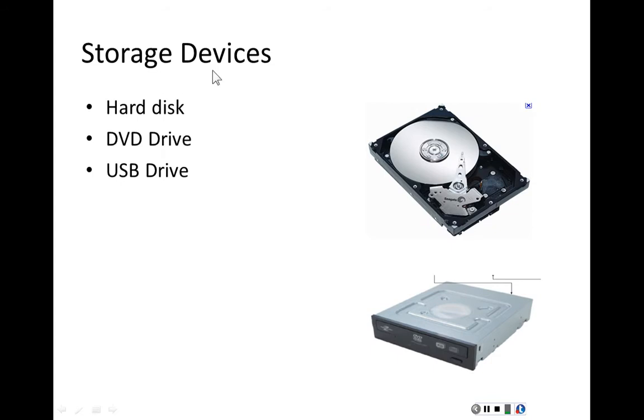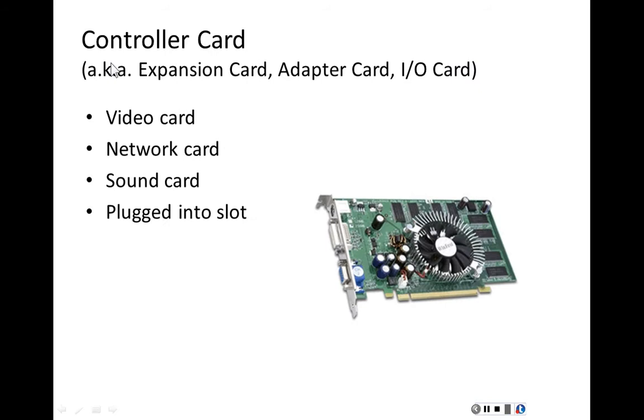Storage devices. You can store data to the hard drive. Data can be stored to a DVD drive, and data can be stored to the USB drive. A controller card, there are several types of controller cards, and a controller card is also known as an expansion card, or an adapter card, or an I/O card.